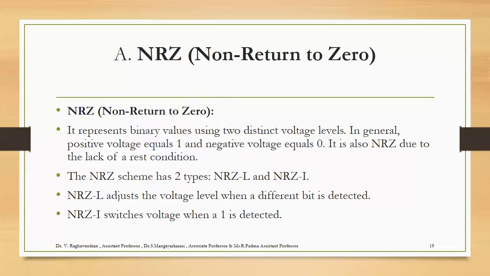The NRZ scheme has two types. One is called NRZ-L. The other one is called NRZ-I. NRZ-L adjusts the voltage level when a different bit is detected. NRZ-I switches voltage when a one is detected.